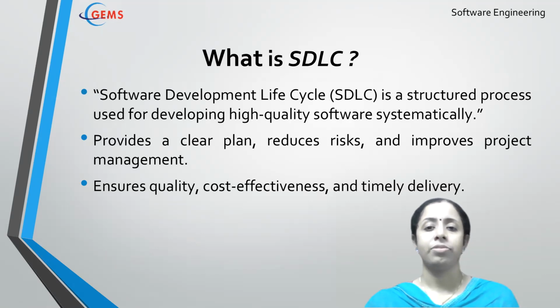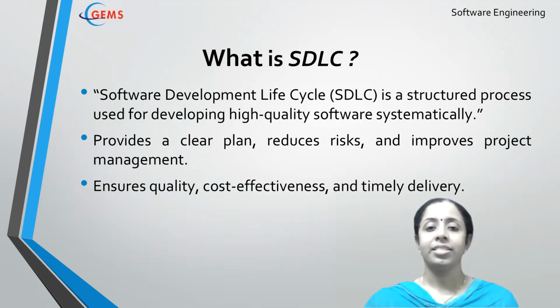Software Development Lifecycle, simply we can say SDLC. It is a structured process used for developing high quality software systematically. It provides a clear plan, reduces risk, and improves project management. It ensures quality, cost effectiveness, and timely delivery.